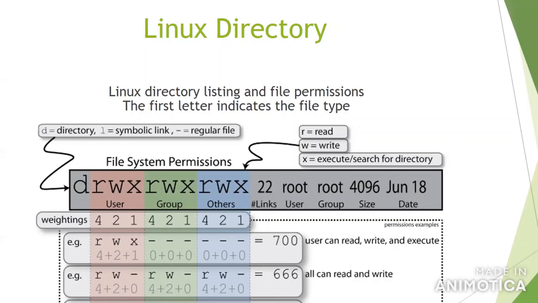Actually, the embedded version of Linux is used in Raspberry Pi. Okay? Even though it's embedded Linux, from the user point of view, we don't see much difference. It's still Linux.